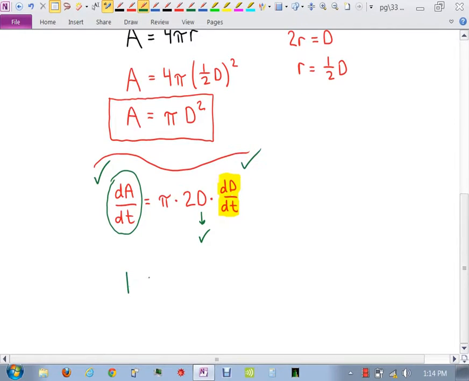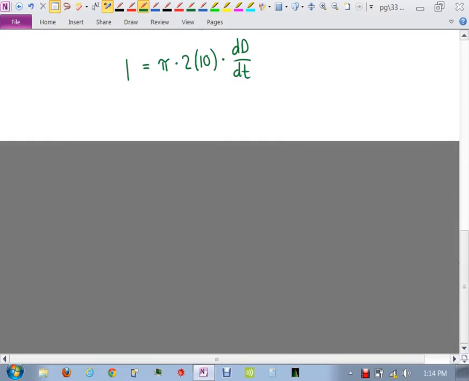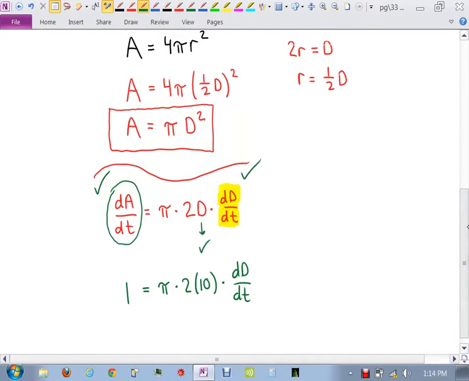I'm going to plug in 1 equals pi times 2 times the diameter, which is 10, times dd dt. So 1 divided by 20 pi equals dd dt.